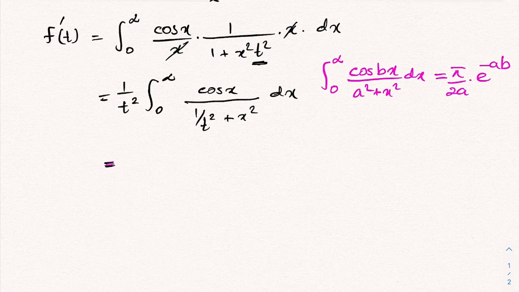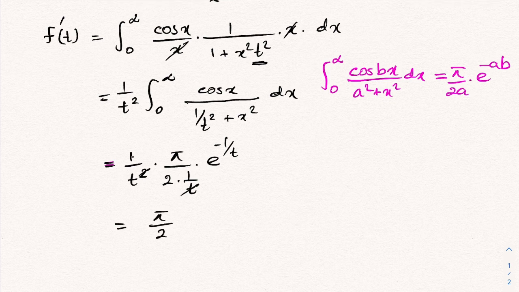So we have here 1 over t square times pi over 2 times a, we know a is 1 over t. So here 1 over t times e to the minus a, we know minus 1 over t, and b we know is 1. Well, this t gets cancelled. So we have pi over 2 times e to the minus 1 over t, over t.